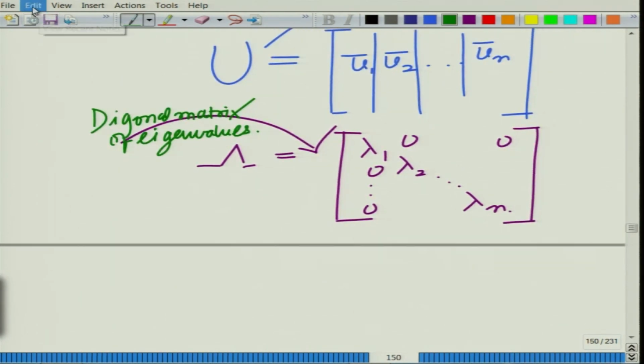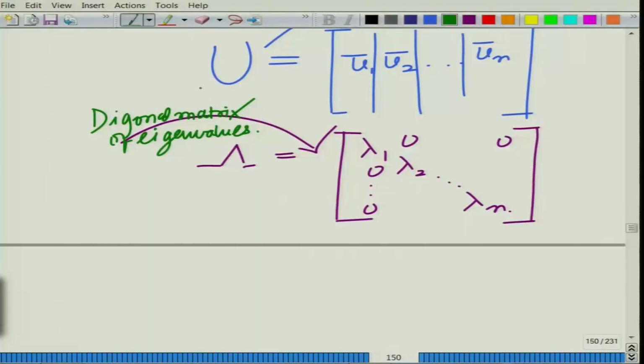And notice, since u1 bar, u2 bar, un bar are orthonormal, it follows from the property of unitary matrices, and that is why unitary matrices are important, because these arise frequently. And now you can see the matrix of eigenvectors of a PSD matrix is a unitary matrix, because the columns are orthogonal and unit norm.